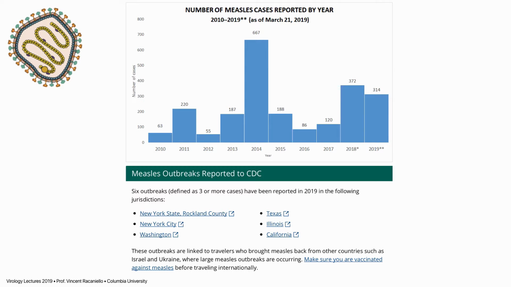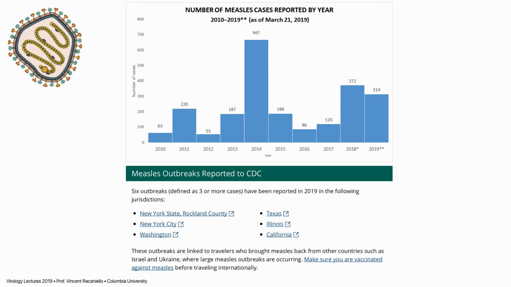Here are some recent numbers on measles from the CDC. So these are cases of measles by year 2010 to 2019. And you can see not a lot, 60, 200, 187. Big outbreak in 2014. I think there was one in Disneyland in California, where a group of communities whose parents decided they didn't need to immunize their kids, they all went to Disneyland and they started a big outbreak.